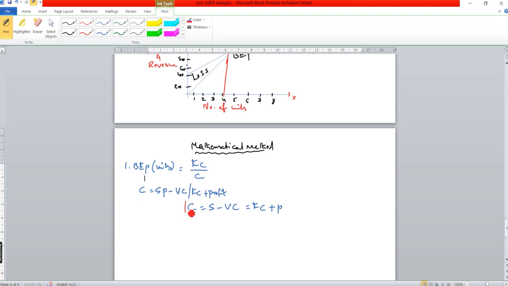Using this equation, with the existing inputs, we can find out any of the items. So let us start with how to calculate the break-even point.